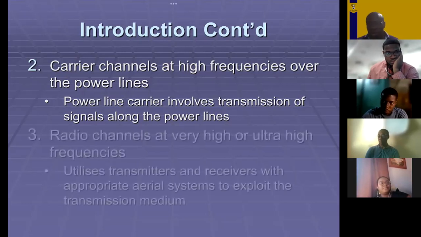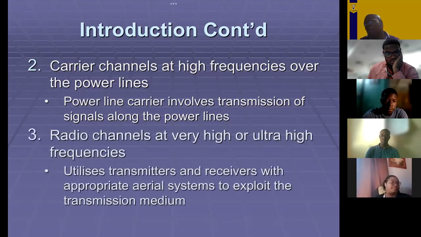All right, you also have radio channels, and by radio channels, what we're talking about are microwave signals. So you'd now have the signal transmitted via microwave. The biggest challenge with microwave is that you need line of sight.